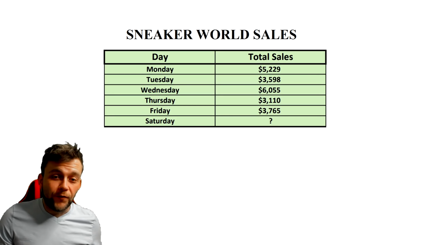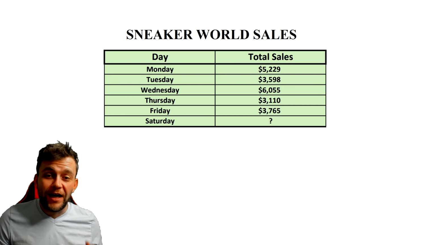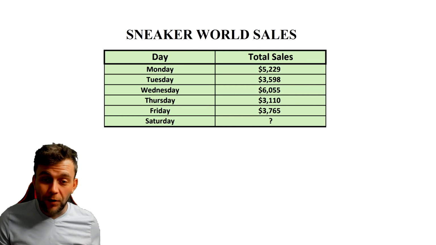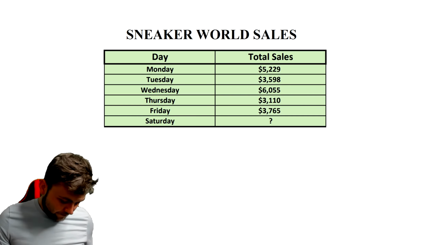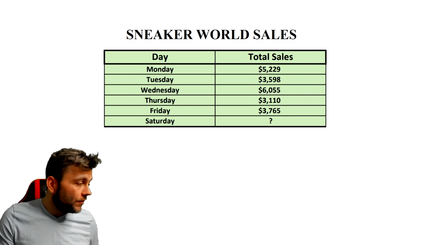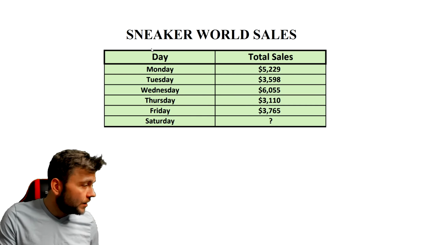So the very first thing that we want to do is just like any other question of finding the mean. So let's write out all of our data points as if we're going to find the mean. Okay, so we have the 5,000. Let me make sure I get everything all nice and set up for you guys.